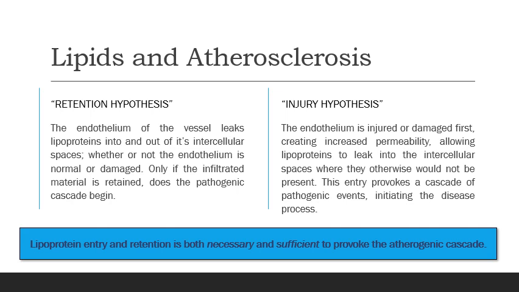This deformed ApoB also makes this lipoprotein more susceptible to oxidation, which occurs in the following steps of the atherogenic cascade. So, boom, small LDL particles and a larger number of those small LDL particles are more atherogenic.